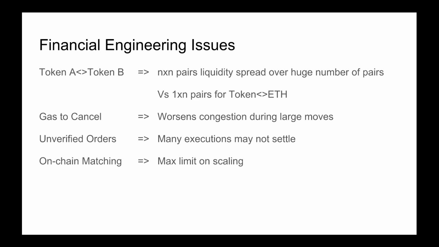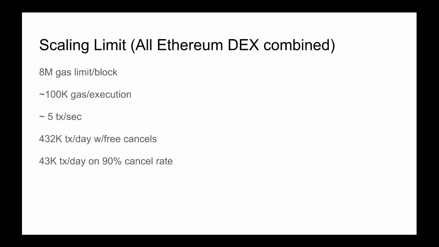And we already touched on unverified orders, and so the last one is, when you do on-chain matching, there's actually a physical maximum on how much you can scale, how much the exchange can scale and the trades can scale. And this is an example for Ethereum with current parameters. So this is for all DEXs combined on Ethereum. This is assuming that Ethereum doesn't do anything except decentralized exchanges, no other usage.